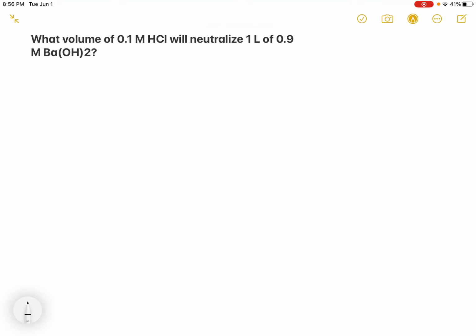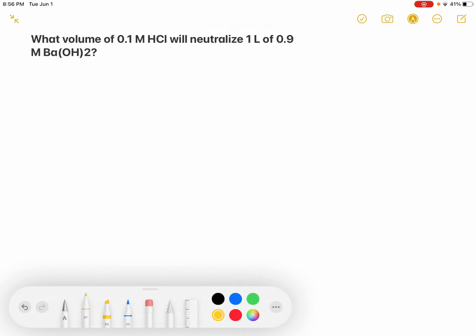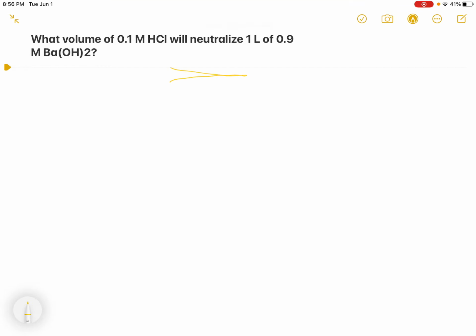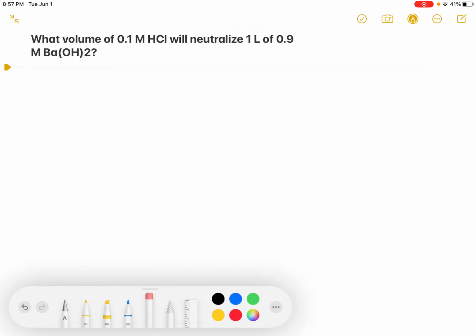In this question we are asked, what volume of 0.1 molar HCl will neutralize 1 liter of 0.9 molar barium hydroxide? Since we can see the language "will neutralize," that's how you can know that it's a titration or a complete neutralization problem and not a partial neutralization problem, which we'll be looking at later.